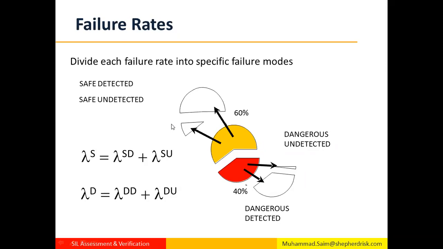If any failure is detected, be it a safe failure or a dangerous failure, the diagnostics of the component raise an alarm, and hence we dispatch a maintenance team to the field, and they rectify the issue by either replacing, doing maintenance, or addressing the issue. So we restore the functionality within a specified period, which is the maintenance time.